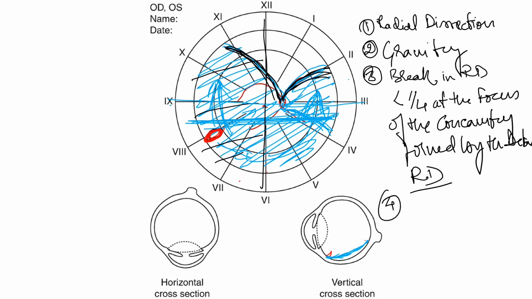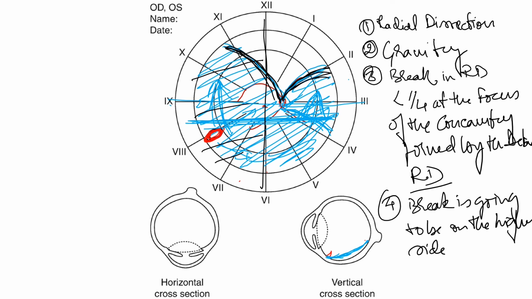Number 4 is, if you have more than half, then the break is going to be on the higher side, provided that there is an asymmetry.